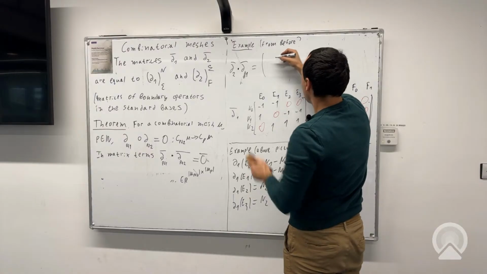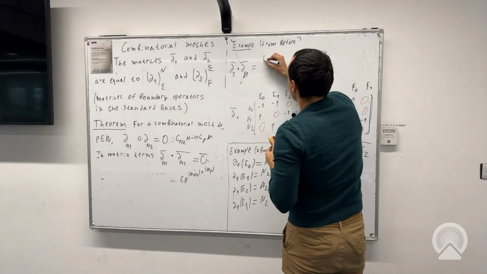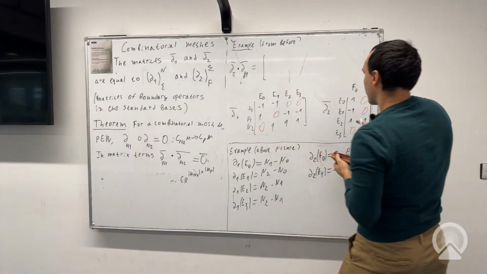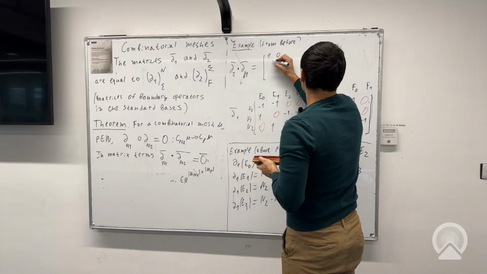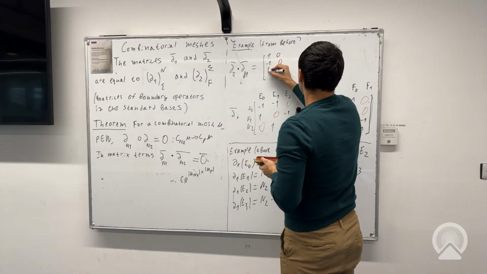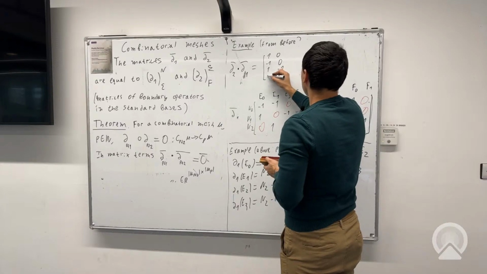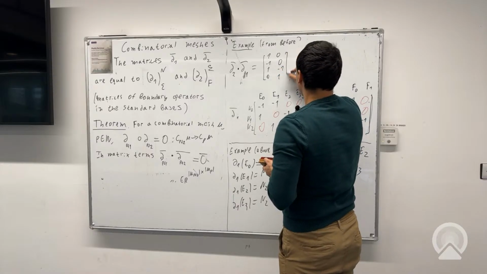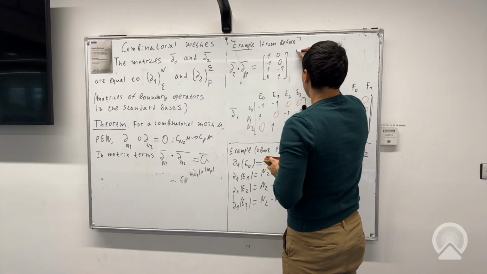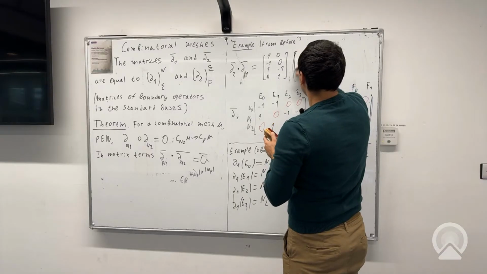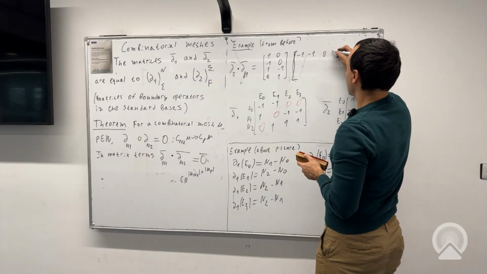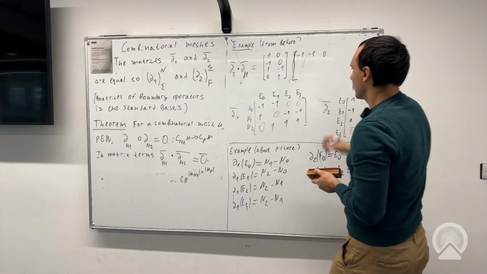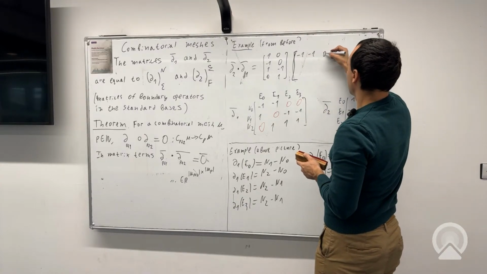So d_2 is 1, 0, minus 1, 0, 1, minus 1, 0, 1, multiplied with minus 1, minus 1, minus 1, minus 1.